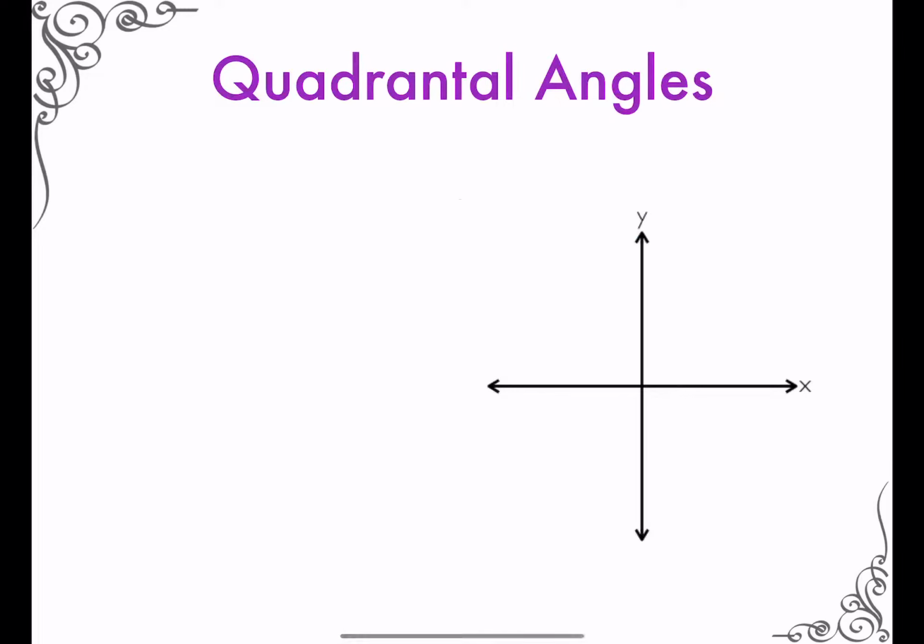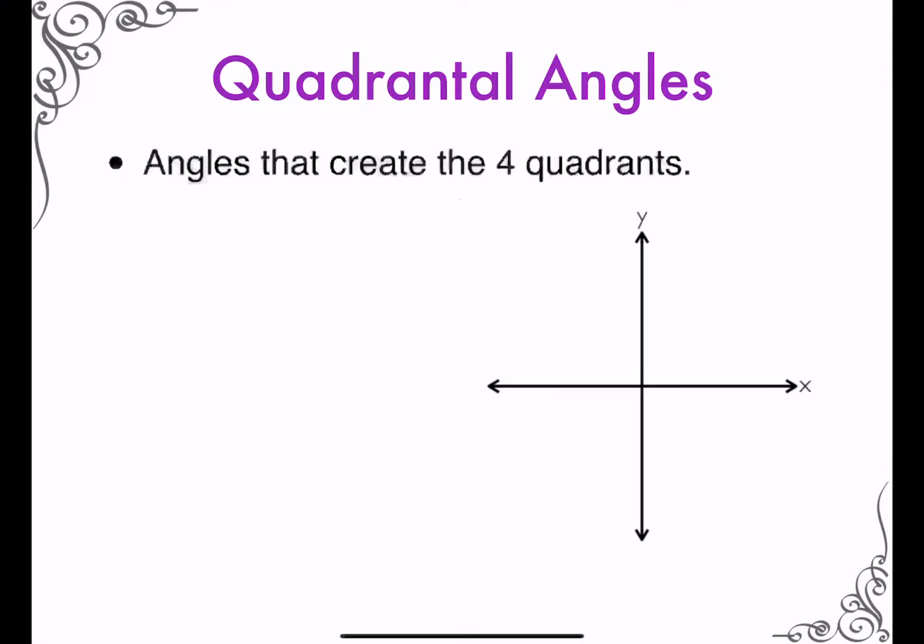Okay, so quadrantal angles is a really crazy word. It sounds really complicated, but what it really means is the angles that create the 4 quadrants. And it's important how we label them.